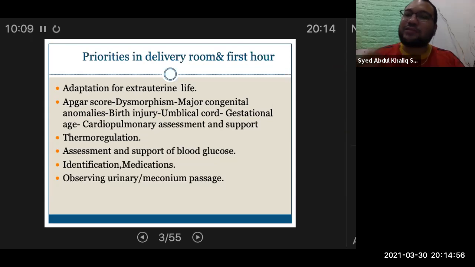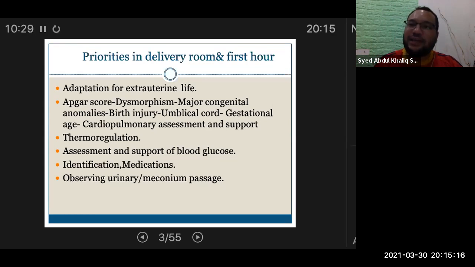So there'll be a right to left shunt because the PFO is not closed yet and the PDA is not closed yet, kan? With high pulmonary blood pressure and lower systemic blood pressure, there'll be a right to left shunt. The baby will be cyanotic and so on and so forth.